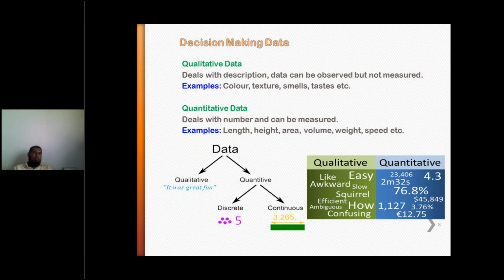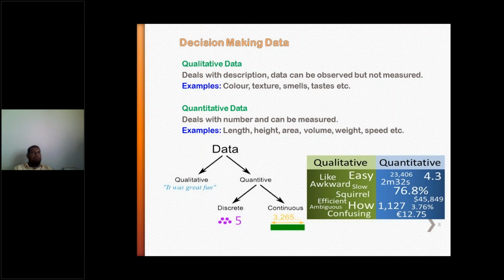So these are called quantifiable data or objective data. For example, in the product context, it is length, height, area, volume, weight, speed, etc.